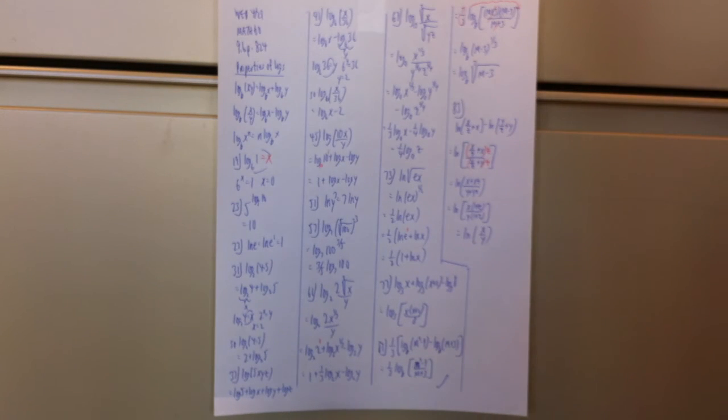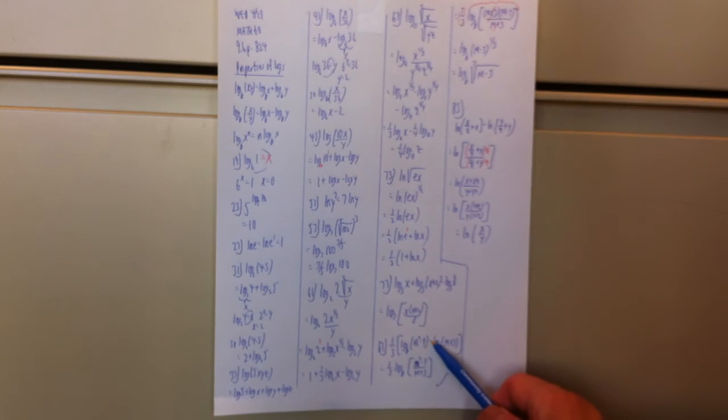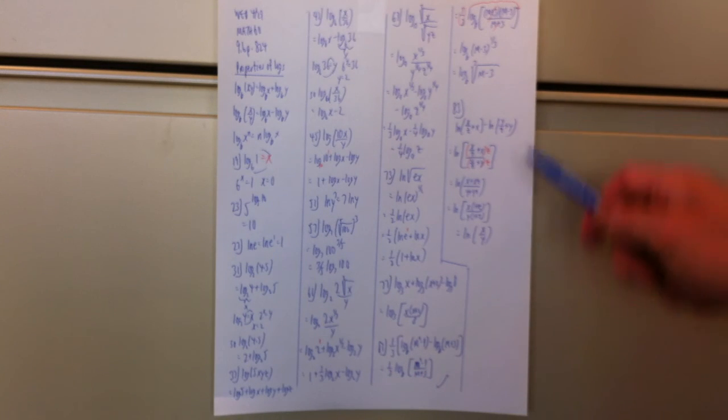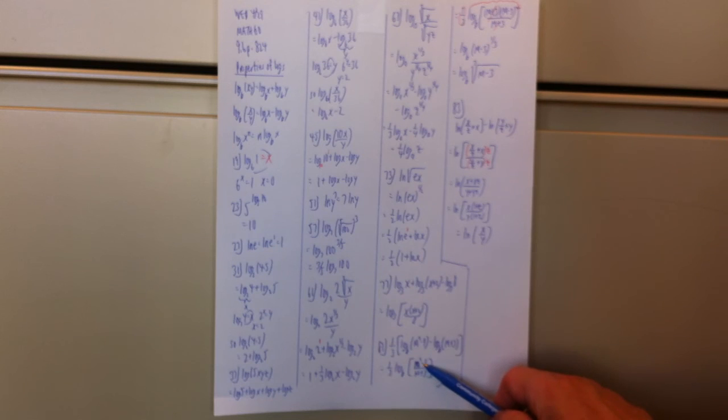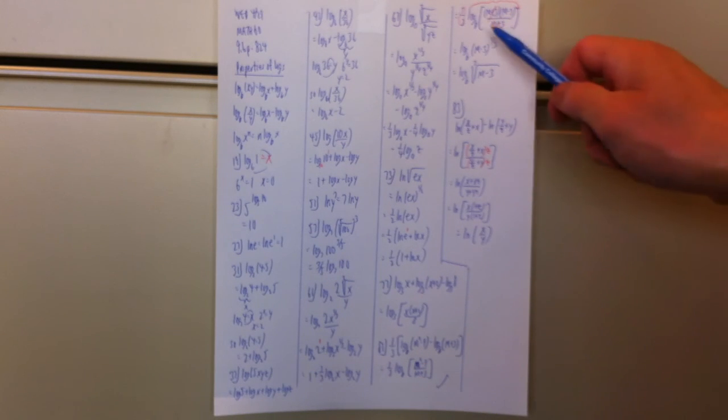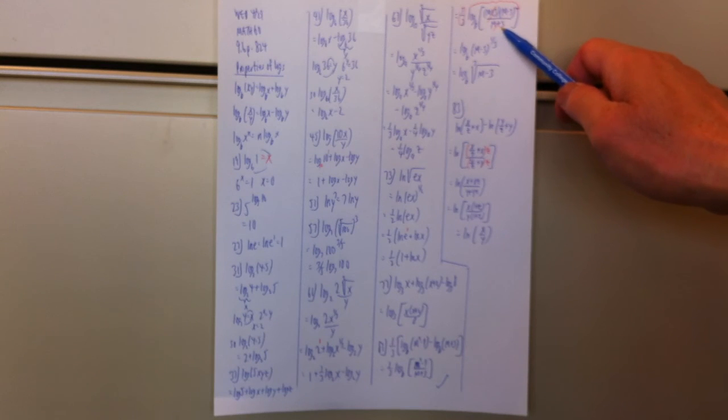And 87, 1/3 log base b of m squared minus 9 minus log base b of m plus 3. So since there's a minus sign here, I will divide the individual logs. So 1/3 log base b of m squared minus 9 over m plus 3. Continuing up here, notice that m squared minus 9 factors into m plus 3, m minus 3. And very conveniently, the m plus 3's cancel out.